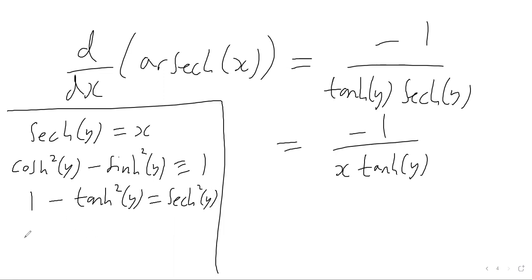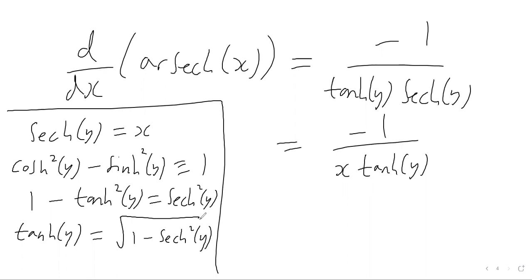Rearranging to make tanh the subject of the formula, we get tanh of y equals the square root of 1 minus sech squared of y.